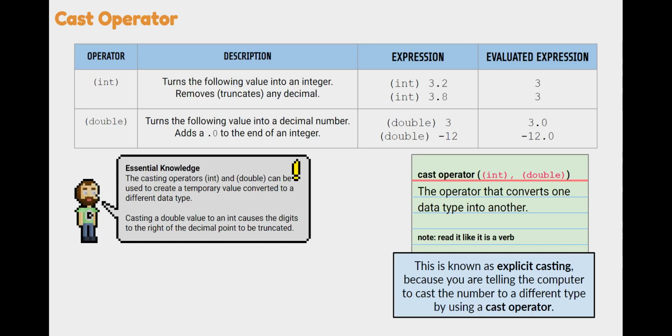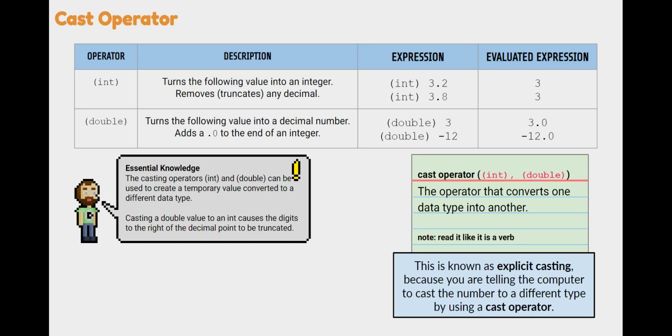When we see that cast operator, you kind of read it like a verb. We're going to int up 3.2. And when we do, we're going to truncate or remove that decimal, and then that will evaluate to the int of 3. The next expression that we see is (int) 3.8. So when we cast 3.8 as an integer, truncate that decimal, that is also just going to evaluate to a 3.